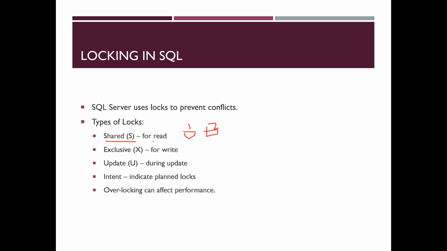Exclusive lock is used for write. Only one transaction can modify the data. It means something has been updated by user 1 and something updated by user 2. At a time, only one transaction can modify data.